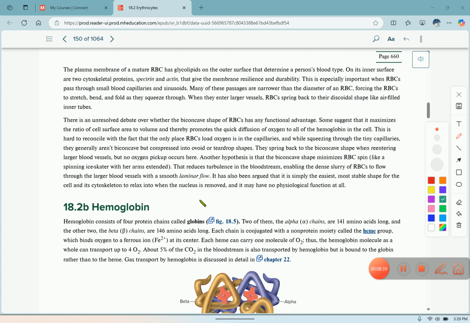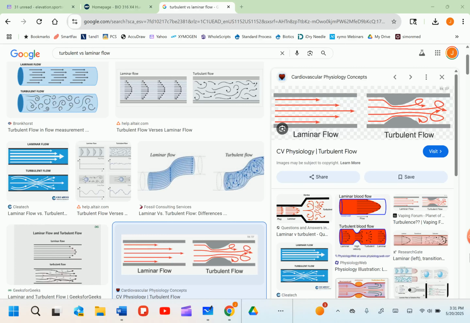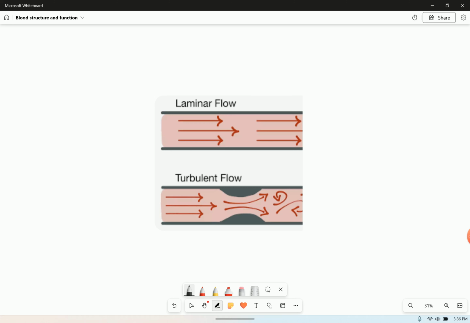When red blood cells, so we have the heart, right? So there's your pump, and it pushes blood through our tubes, and that does create what's called a laminar flow. There's laminar flow and there's turbulent flow. So let's look at the difference real quick. Laminar flow is when blood is traveling through the tube without interruption.